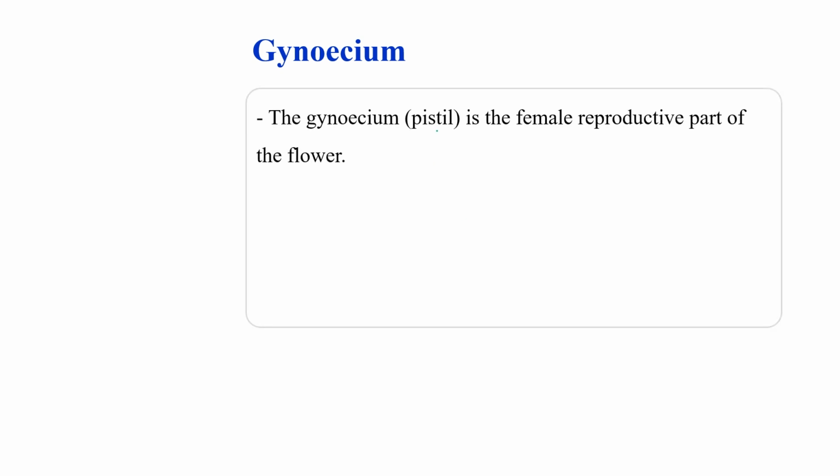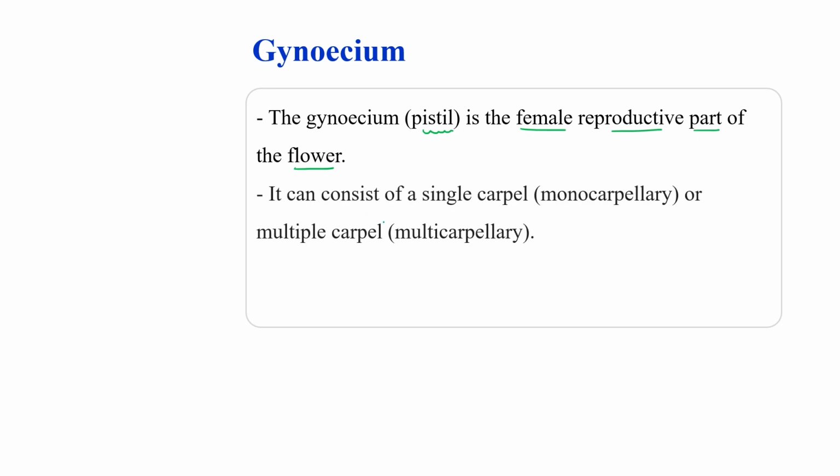Okay, now gynoecium. So this is all about the male reproductive part. Now the gynoecium is known as the pistil, and it is the female reproductive part of the flower. It consists of a single carpel sometimes, meaning monocarpellary, or multiple carpels, meaning multicarpellary.